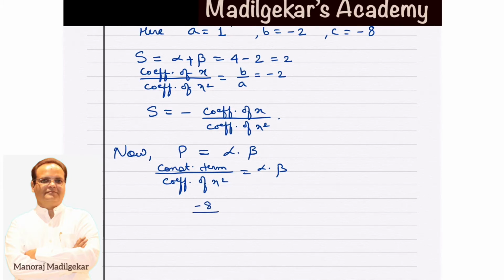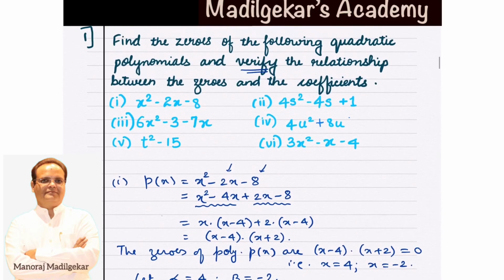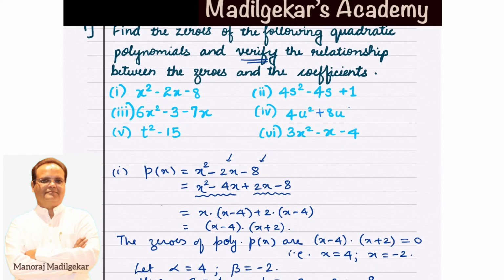Coefficient of x square is 1. In the RHS, alpha is 4, beta is minus 2. So we are getting minus 8 equals to minus 8, which is true. So product is also verified. So in this way, we can verify the relationship between the zeros and the coefficients. Let's solve the second example.